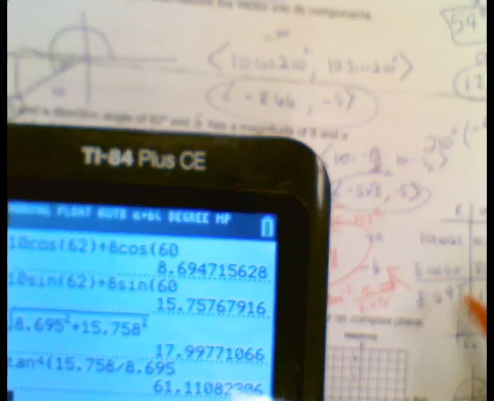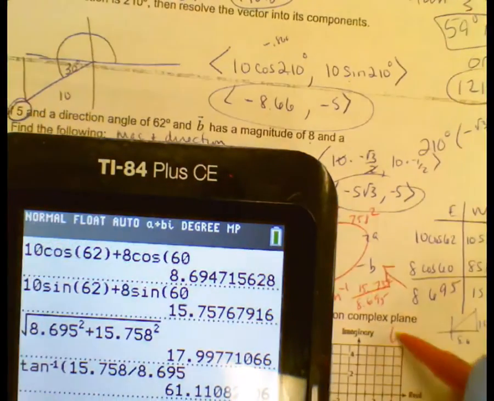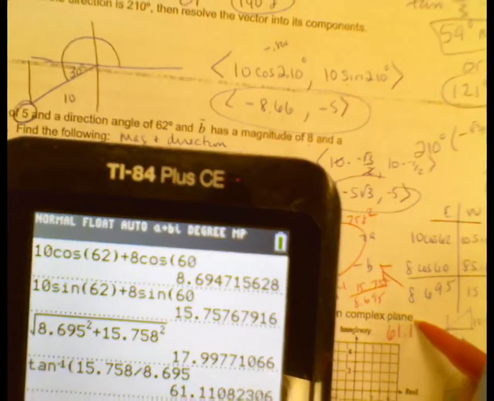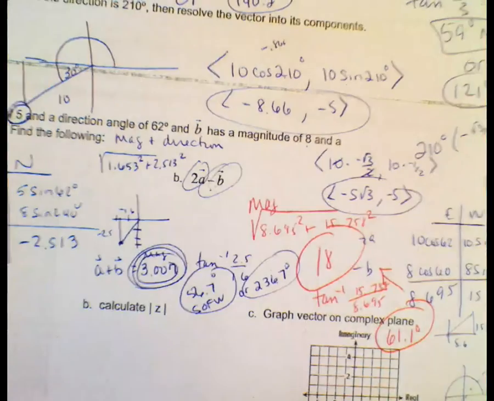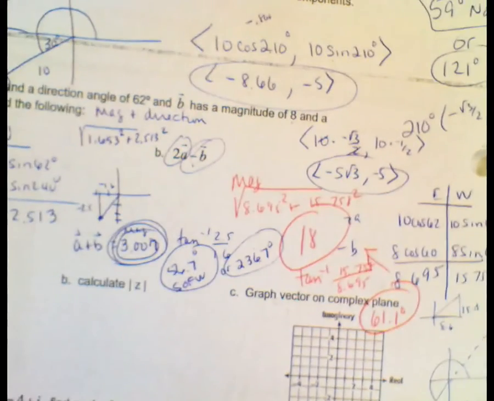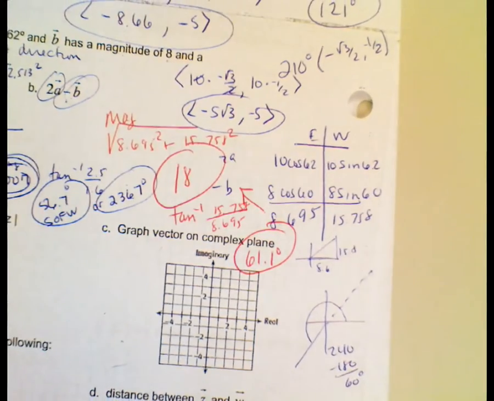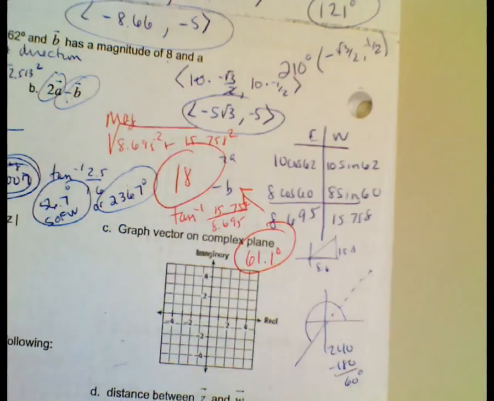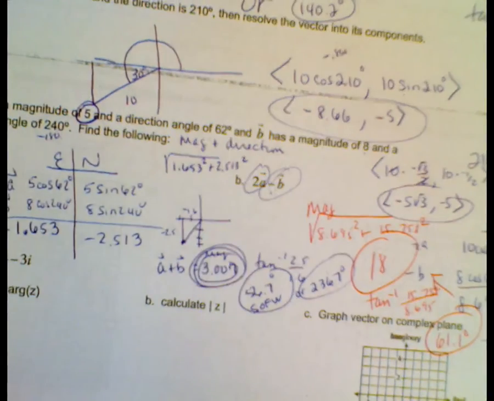And that is in the first quadrant, so it is 61 degrees. So you just have to say 61.1 degrees. I'm going to stop there.